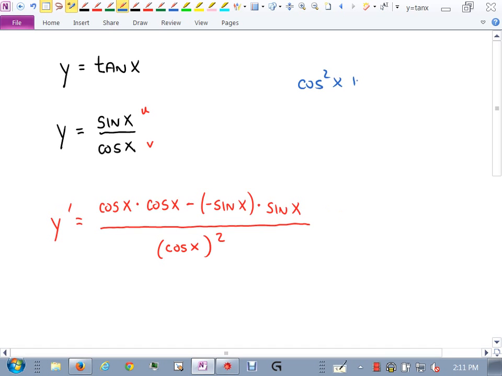Cosine squared x plus sine squared x equals 1. Or it could be written the other way around: sine squared x plus cosine squared x equals 1. You see them? They're top right-hand side, about 4th row down, 3rd row down. You see it? Okay.